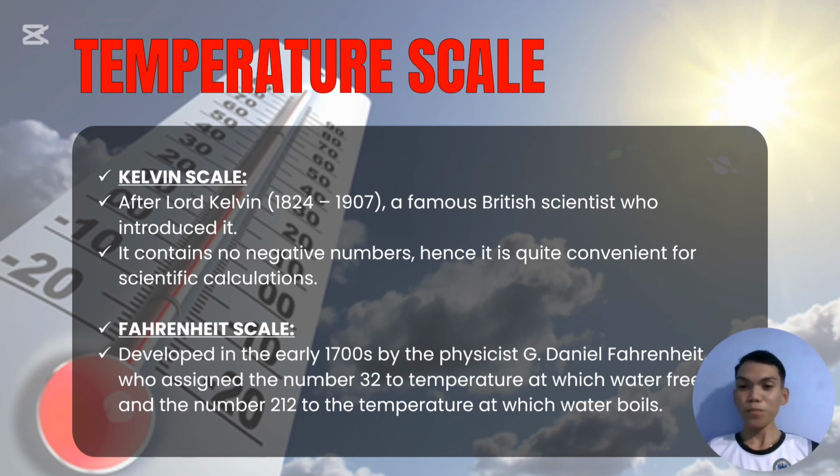So on the other hand, we have the Fahrenheit scale which was developed in the early 1700s by the physicist G. Daniel Fahrenheit, where gi-assign niya ang number 32 to the temperature na mo-freeze ang water ug ang number 212 na temperature para mo-boil ang water, which is gi-develop ni G. Daniel Fahrenheit.